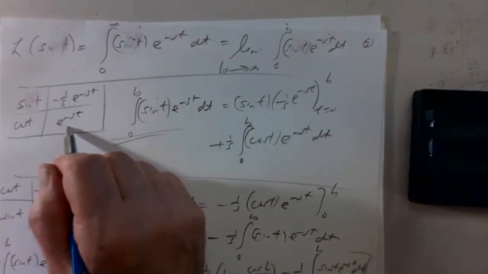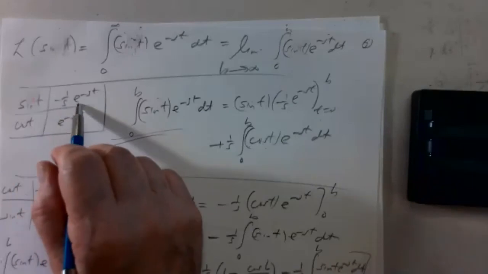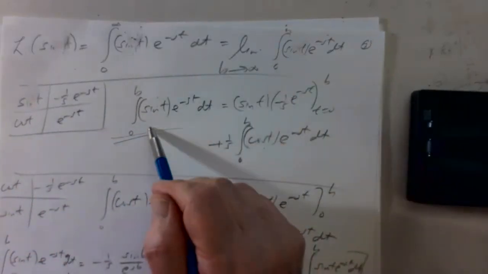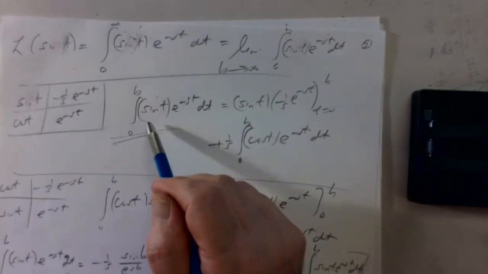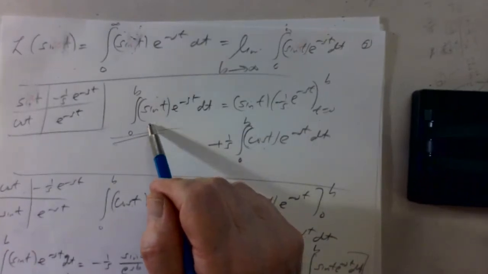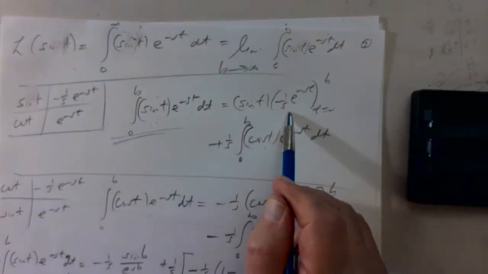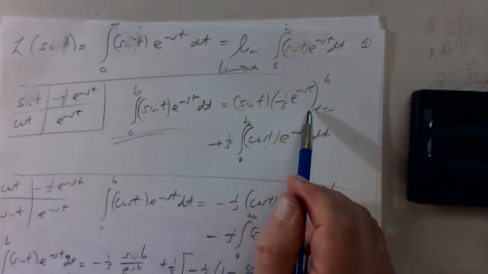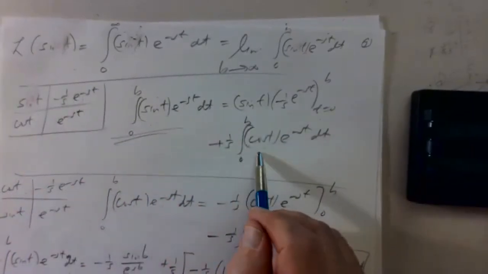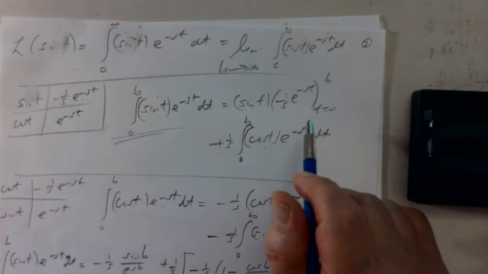So sine t, cosine t, e to the minus st, minus 1 over s e to the minus st. So this integral is the integral from 0 to b. This times this, sine t times this, that's correct. Minus the integral this way, which makes this plus 1 over s, integral of the cosine.